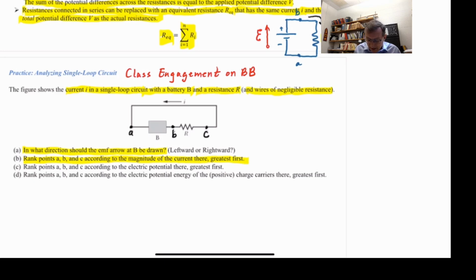Next, rank those 3 points according to the electric potential there, greatest first. And then D, rank those 3 points according to the electric potential energy of the positive charge carriers at those points, greatest first. Okay? So that's what you do on Blackboard.